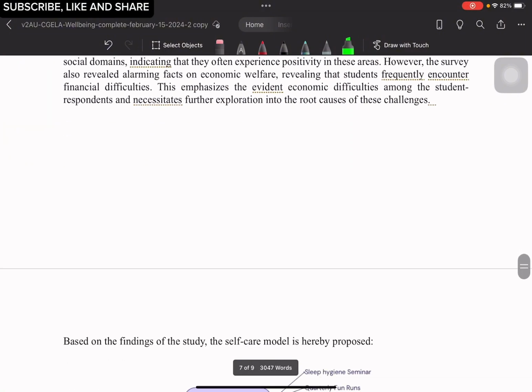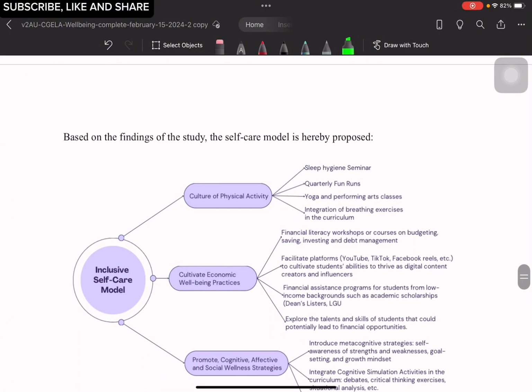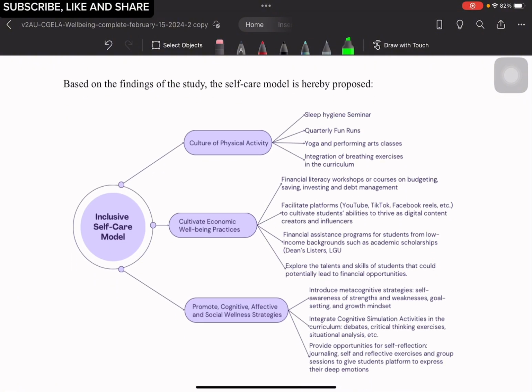Again, the next part, which is the presentation of the proposed self-care model based on the findings of the study, is a diagram, which is considered as the output of this study.